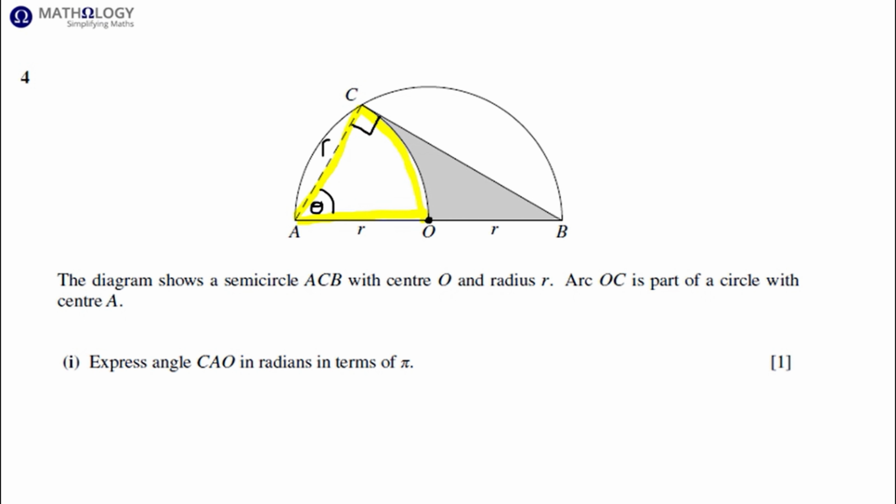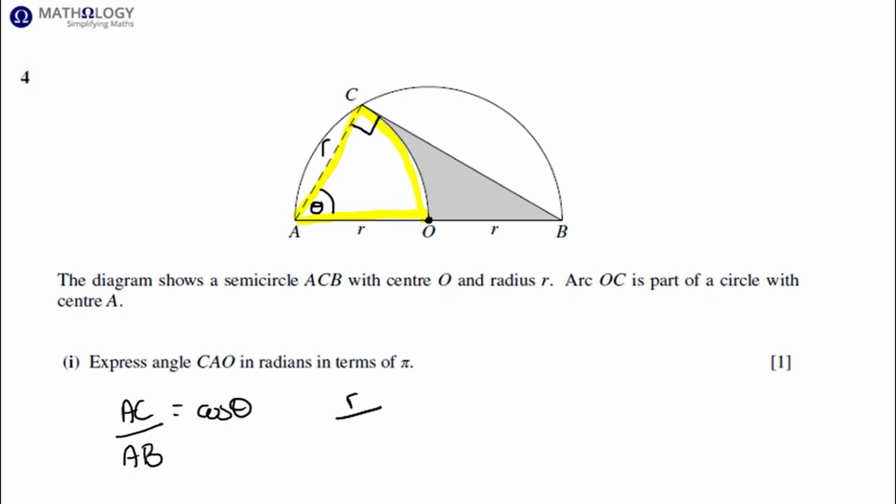Okay, so to find the size of theta, looking at triangle ABC, we've got a side AC which is R, and we've got a side AB, which is the hypotenuse of the triangle, which is 2R. So AC over AB is adjacent over hypotenuse, which is cos.